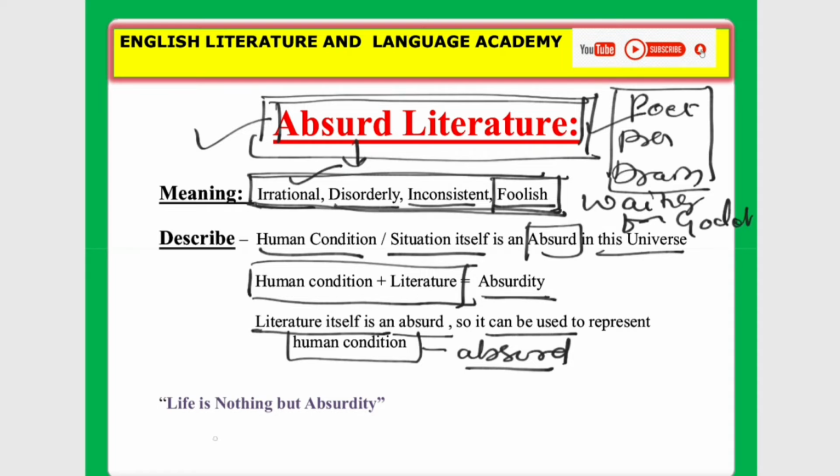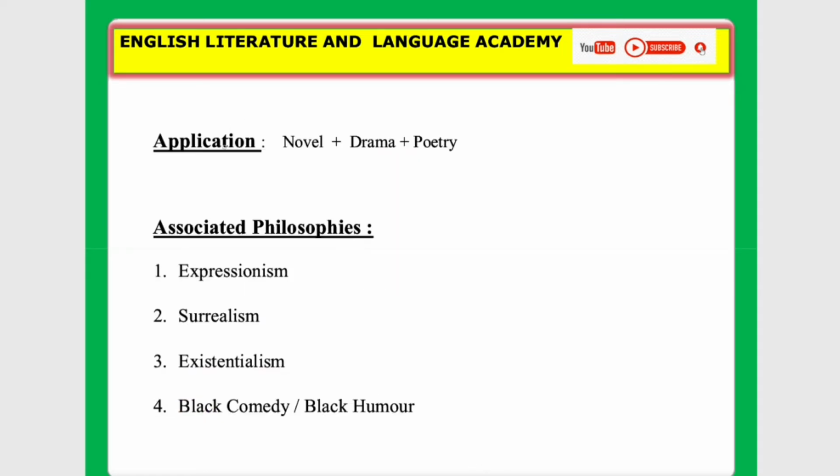There is a famous statement about absurd literature: life is nothing but absurd. It means life itself is absurd and literature is also absurd, as it represents life. Let's see on the next page. Where can absurd literature be applied in literary genres?